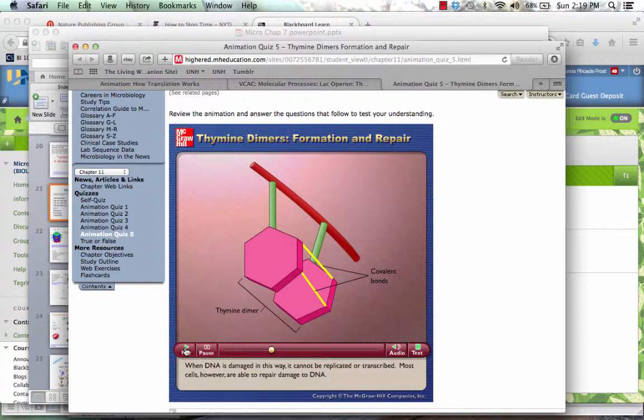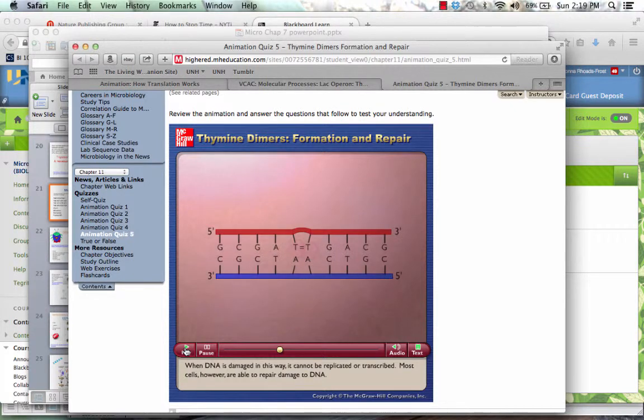Most cells, however, are able to repair damage to DNA. For example, an enzyme called photolyase can break the covalent bond between the thymine dimers. This enzyme requires visible light, which is used as the energy source for bond cleavage. Hence, this mechanism is referred to as light repair.